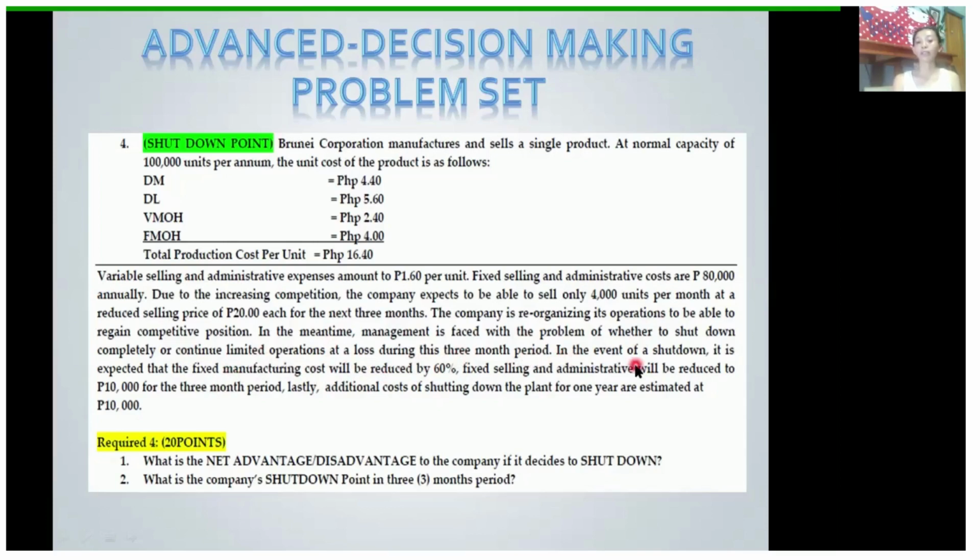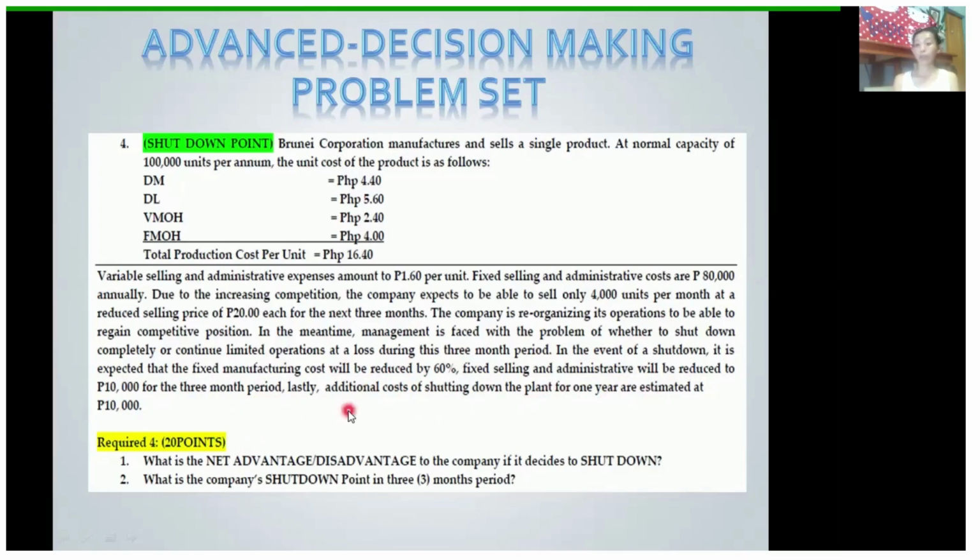In the event of a shutdown, it is expected that the fixed manufacturing cost will be reduced to 60%. Fixed selling administrative will be reduced to 10,000 pesos for the 3-month period. And lastly, additional costs of shutting down the manufacturing plant for 1 year are estimated at 10,000 pesos.